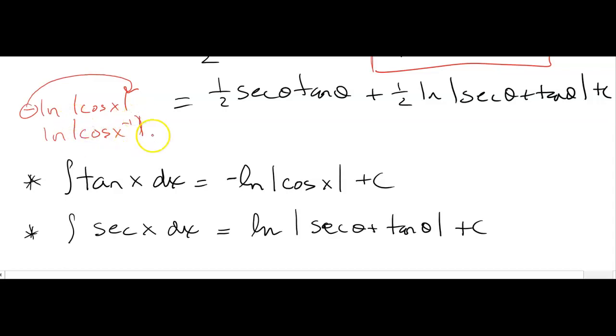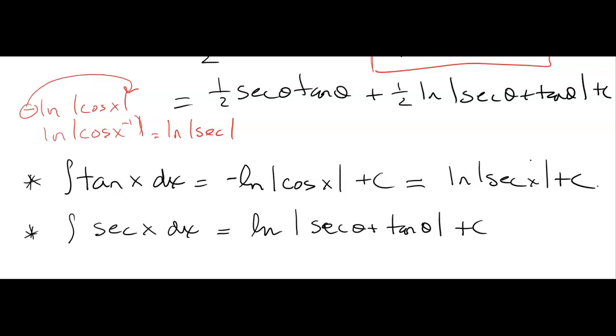Well, what's 1 over cosine? Secant. So yes, the integral of tan is negative natural log of cosine x, which is also equal to natural log of secant x plus c. So they're actually not too difficult to memorize, those two. They will come up. You don't need to show them again.